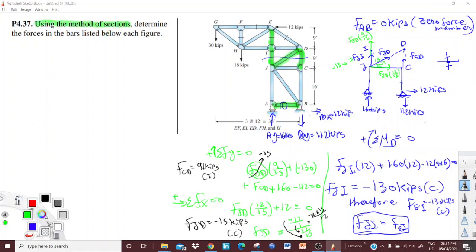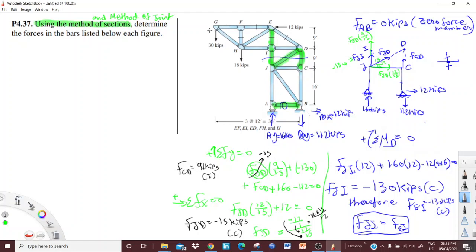Sorry, I would say method of joint. Because we have two unknowns, so let's use method of joint.